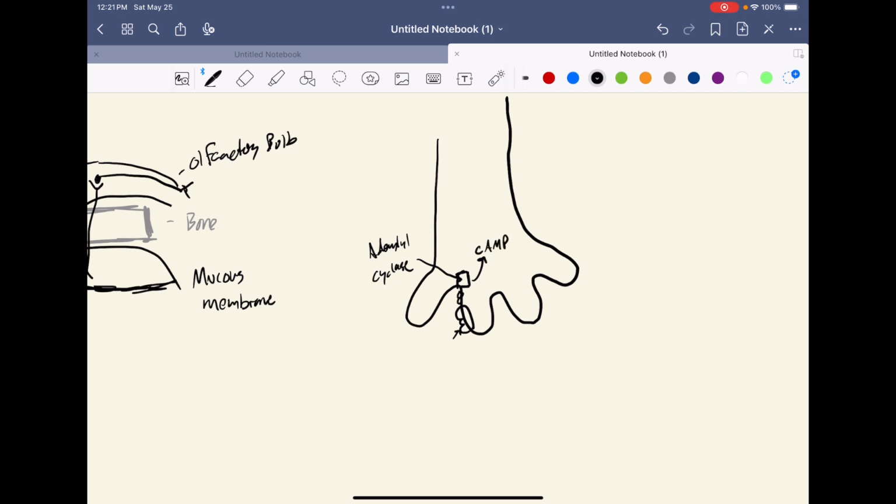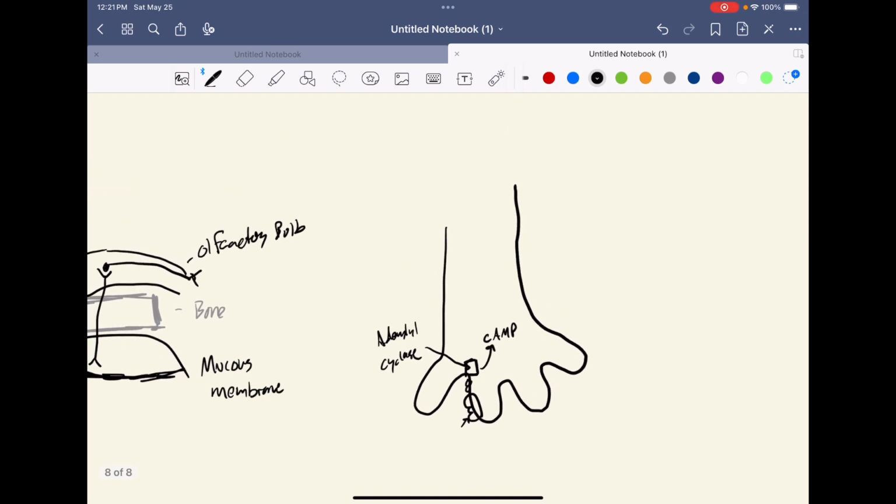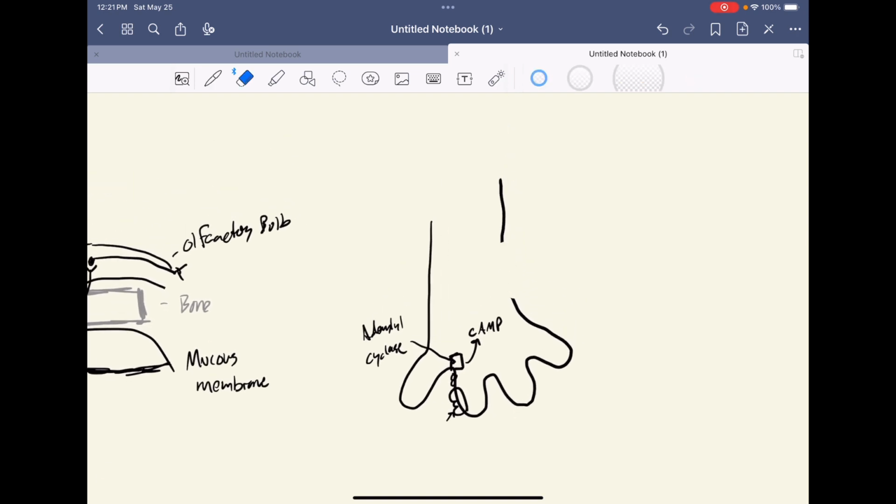When cAMP is released, here on the length of this, there are a couple of different channels. One will open up to let sodium in. One will open up to let calcium in.